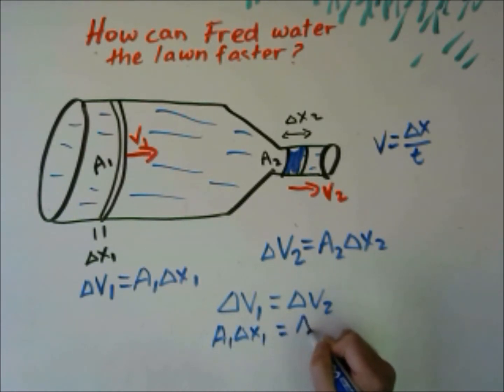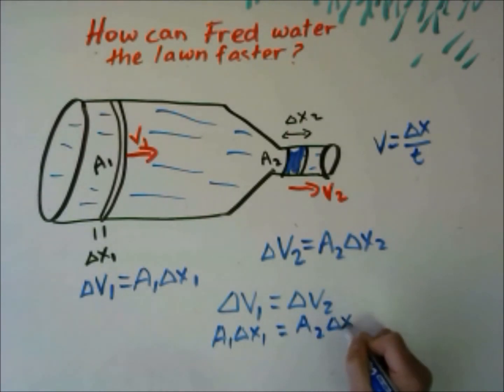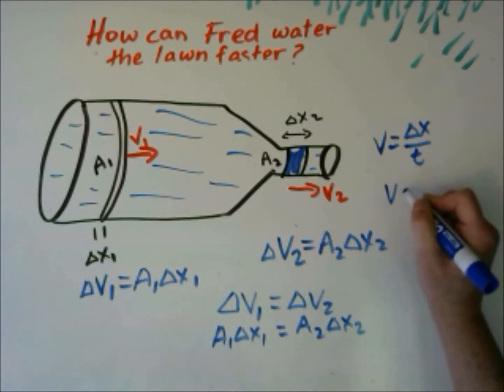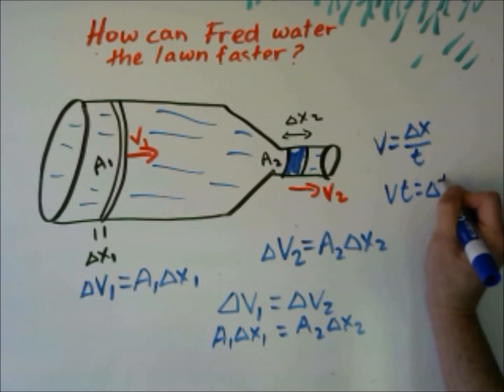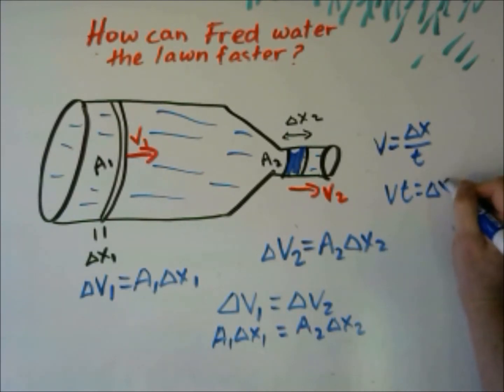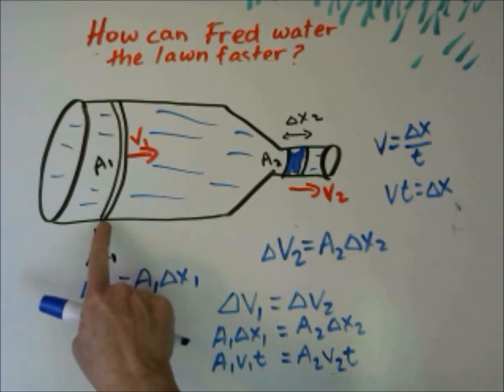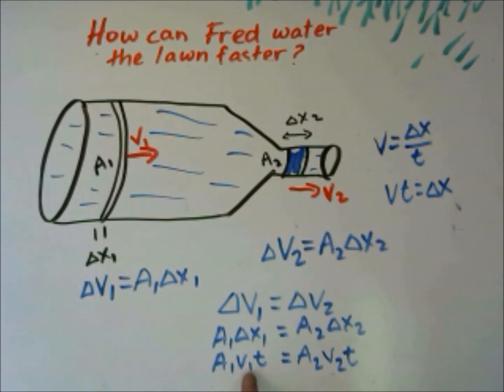Volume 2 equals A2 delta x2. Now we're going to replace this with the velocities by rearranging this to say velocity times time equals delta x. Now we're going to consider this over the same time to see what those velocities are. So we will be able to cancel out these two times. And this leads us to the continuity equation.